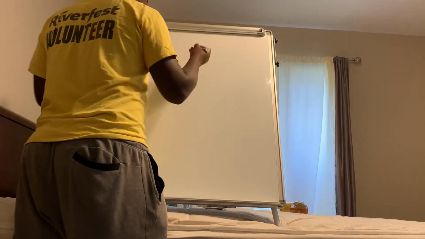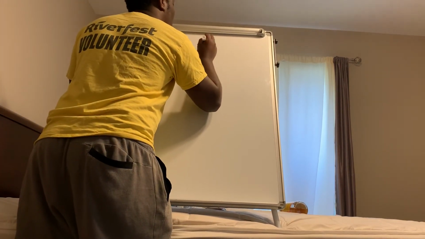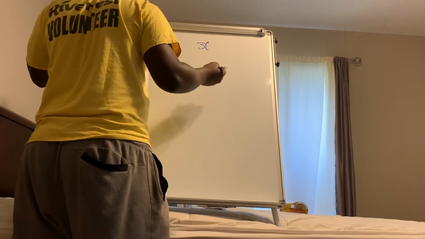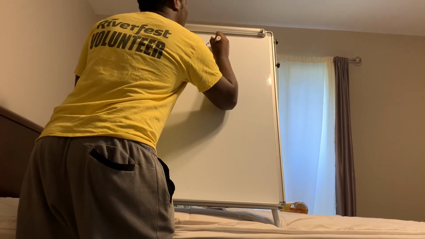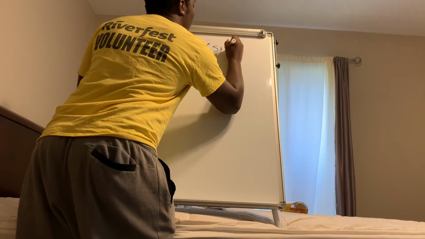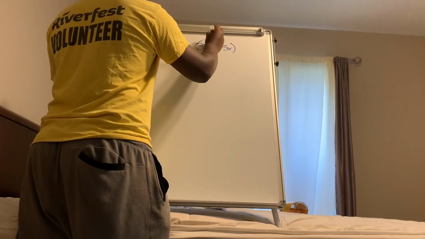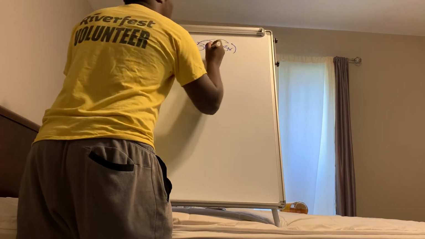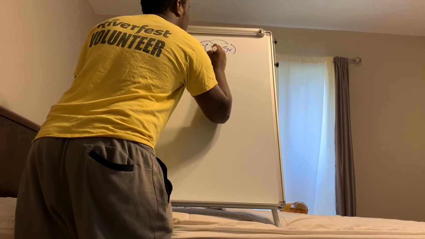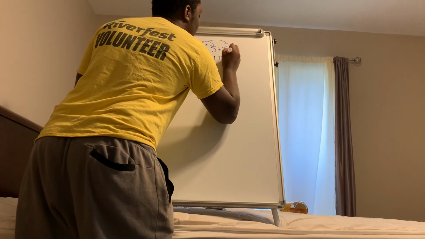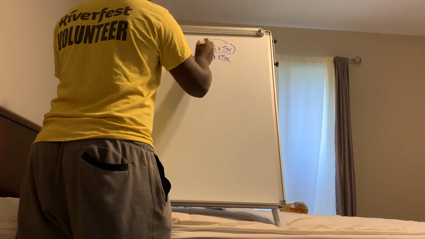Next is 3 times (5 plus 5x). Distributive property. We have 15 plus 15x being the final answer.